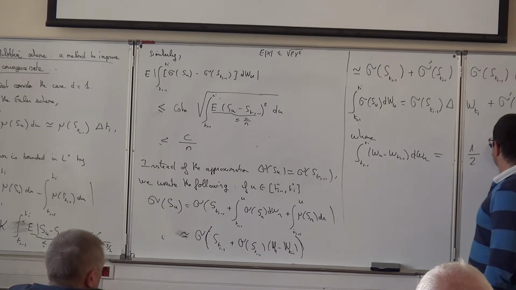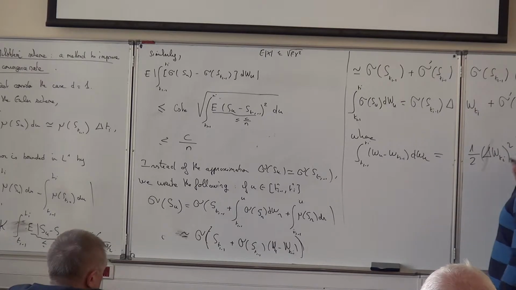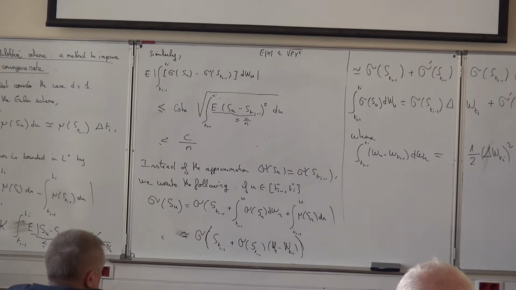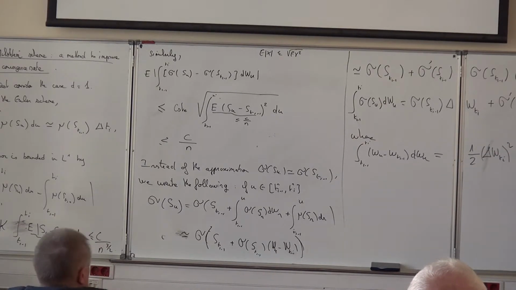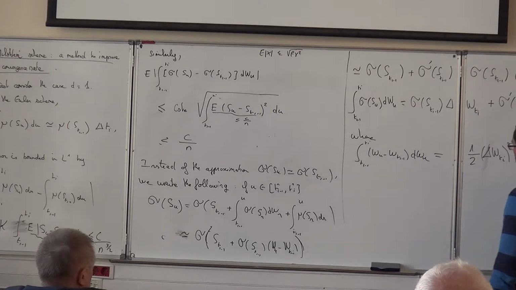So you get one half (Delta W_{T_i}) squared minus one half Delta T_i. Okay? You can obtain this result otherwise, if you remember.